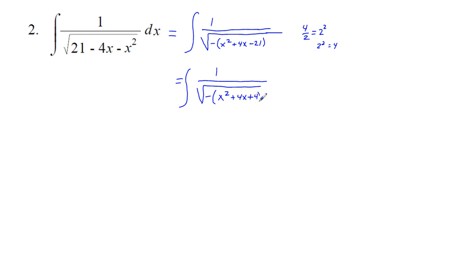In order to make this plus 4 here, what do we have to add? Well, we're going to have to subtract 25 to make that happen, right? Because we subtract 25, does that make that happen? Well, no, it doesn't. We're going to have to add 25.